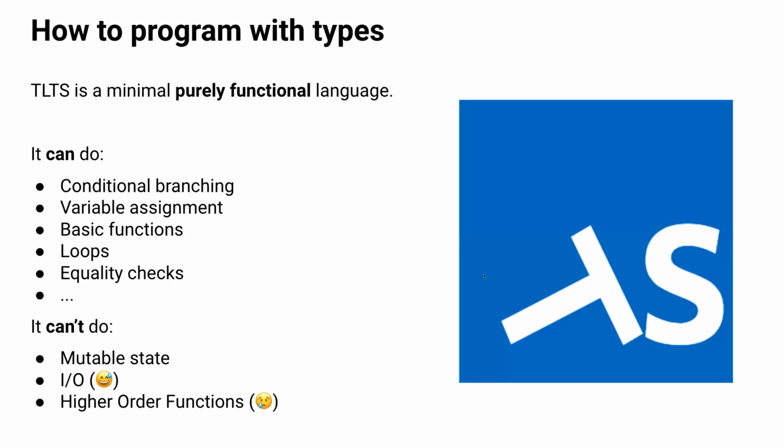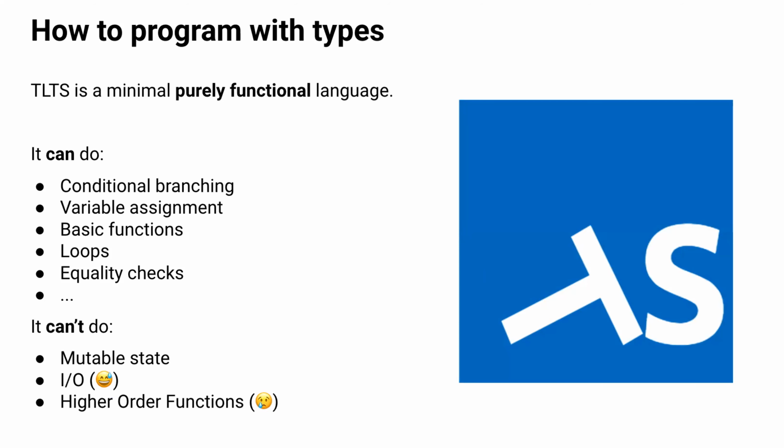Great. So, how to program with types. The first thing I need to tell you is that TLTS is how I call the type system of TypeScript. It means type level TypeScript. I'm the only one using this, but I'm going to use it throughout these slides and the presentation.